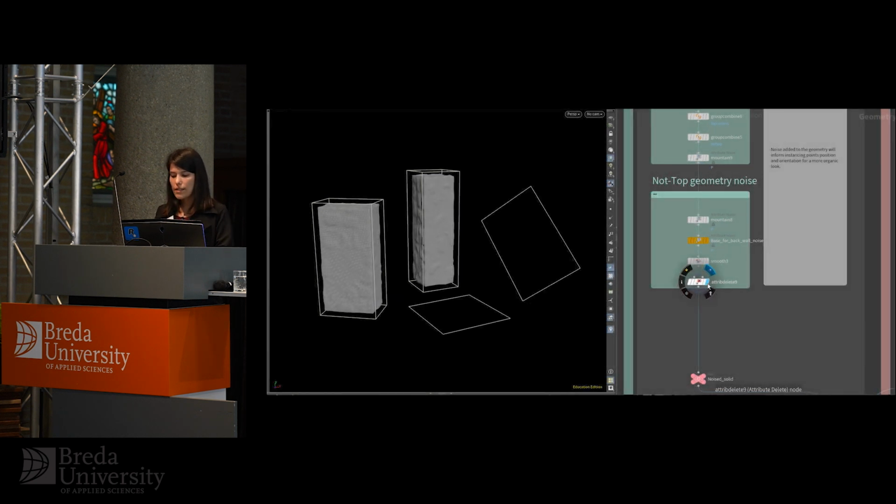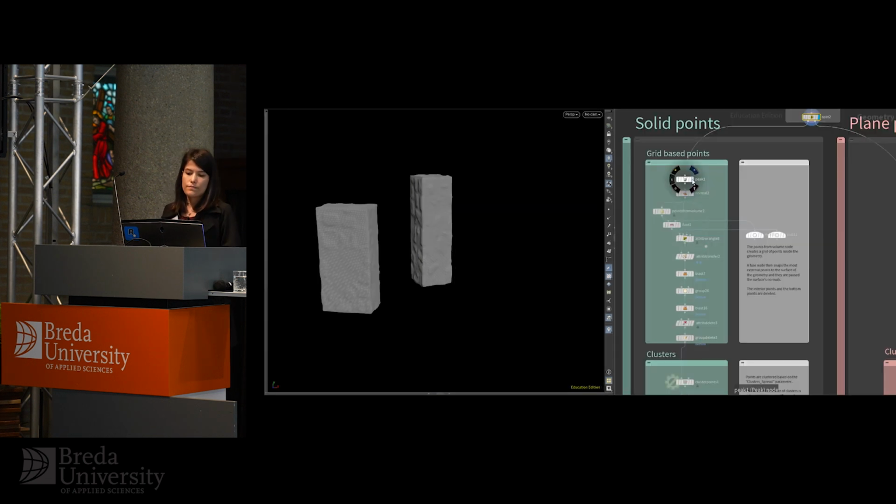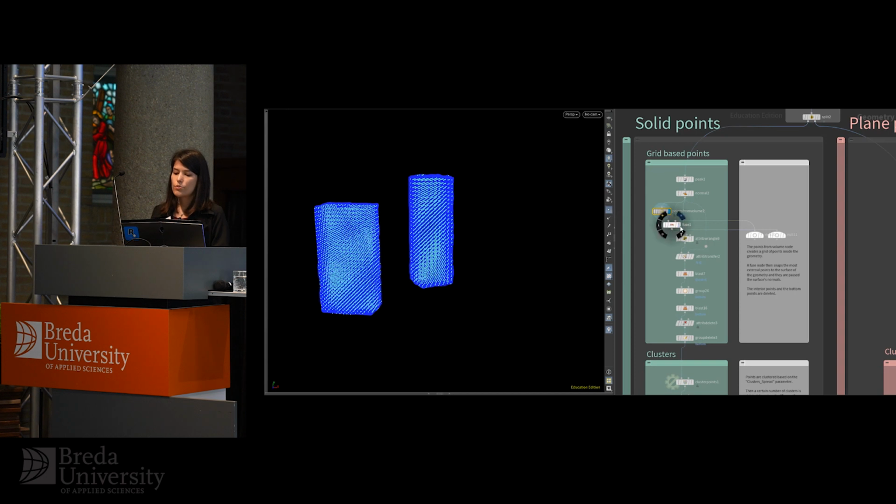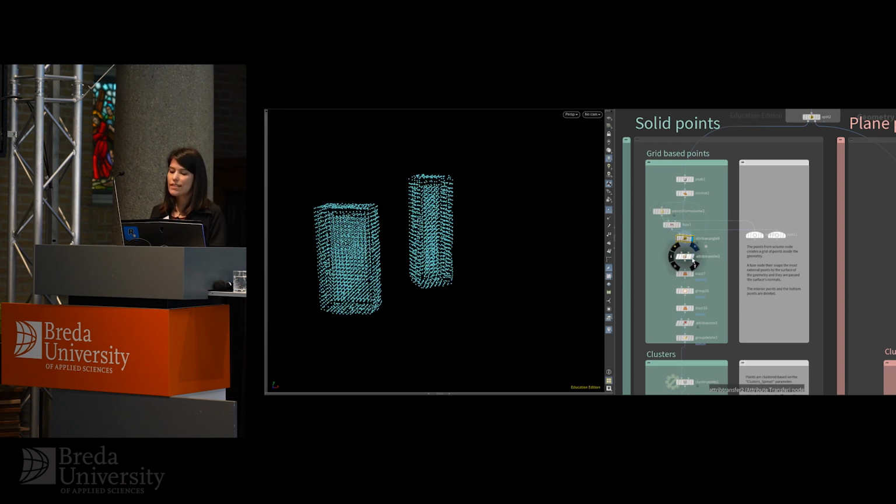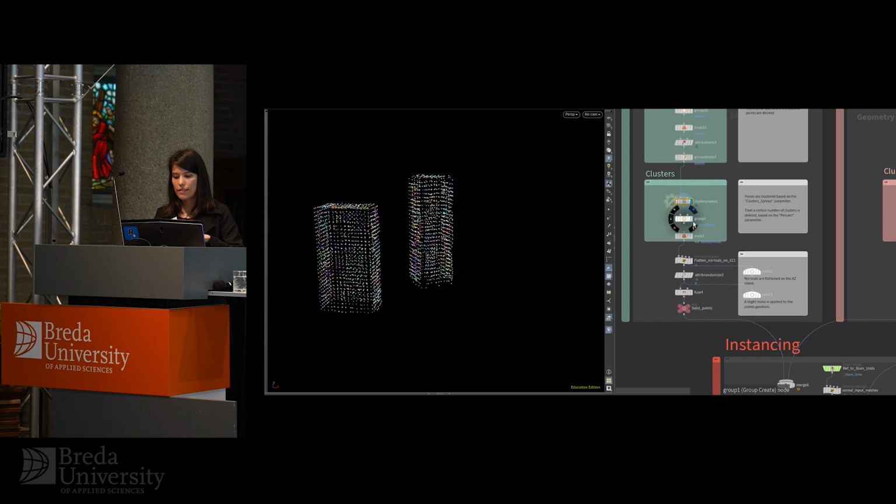Next, some noise is applied to later inform the scattering of the points and make their distribution more organic. A point from volume node creates a point grid inside the volume, then a fuse node snaps the most external points to the surface of the geometry and aligns them with the surface normals. The interior points and the bottom points are deleted, while the remaining ones are clustered.